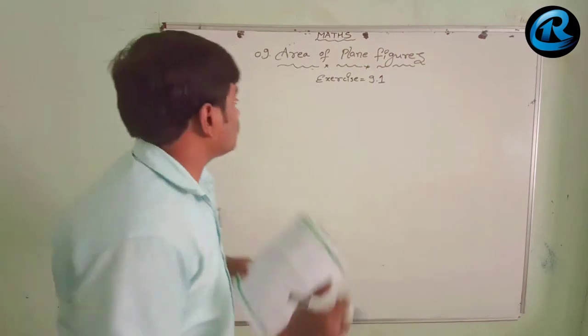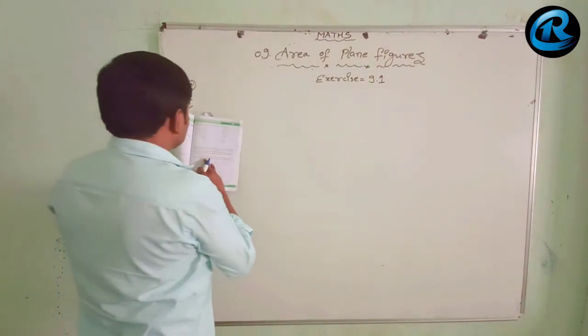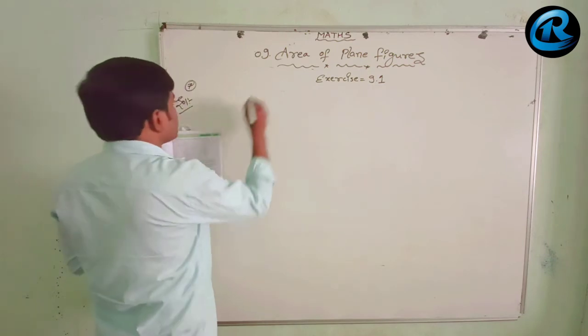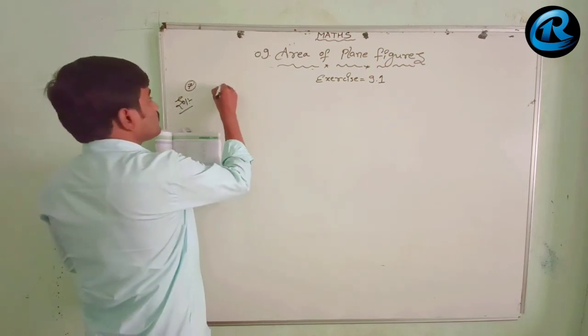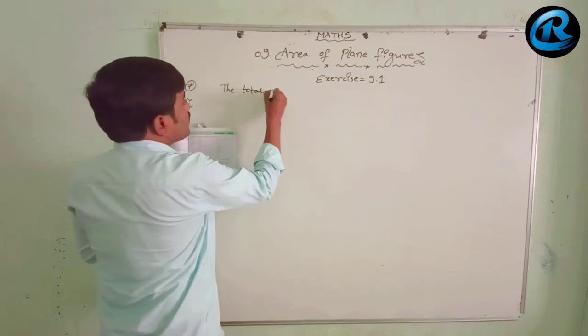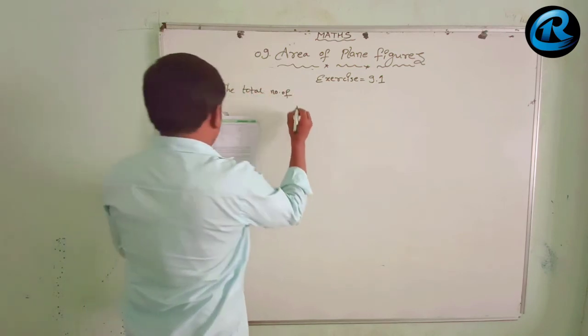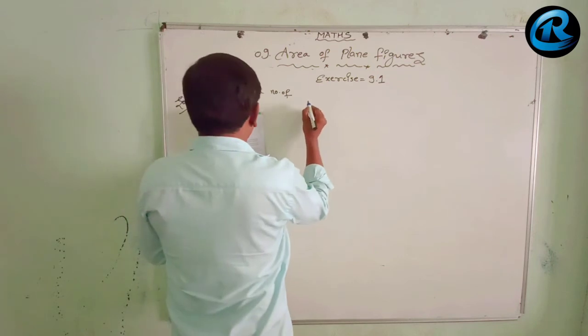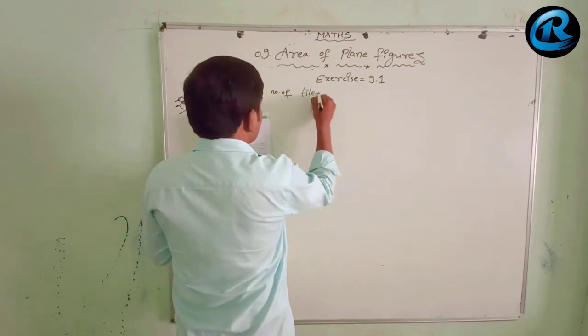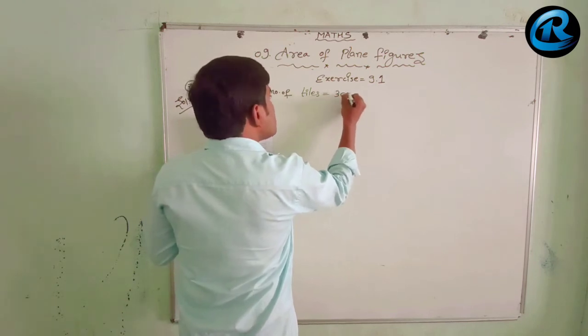So let us know first what is given. The total number of rhombus shaped tiles equal to 3000.